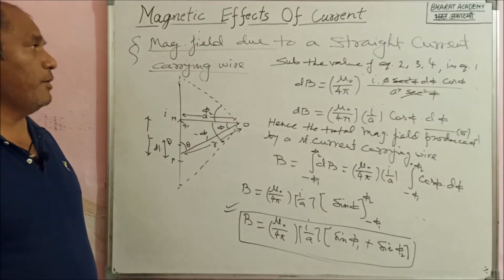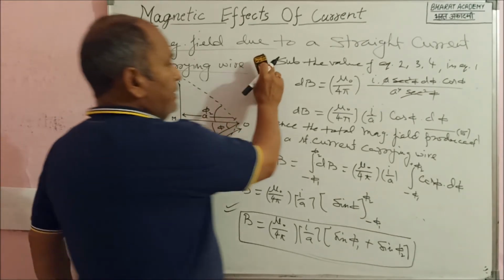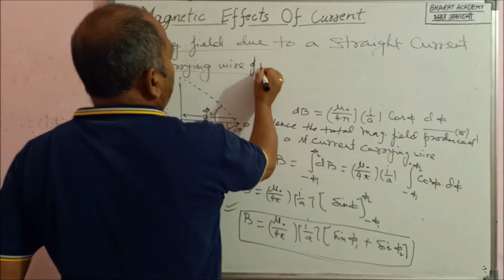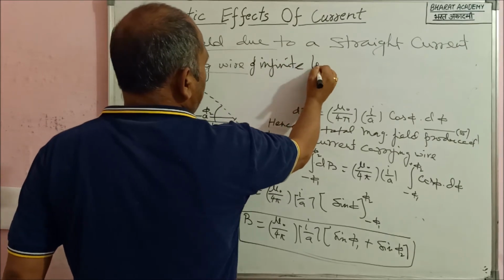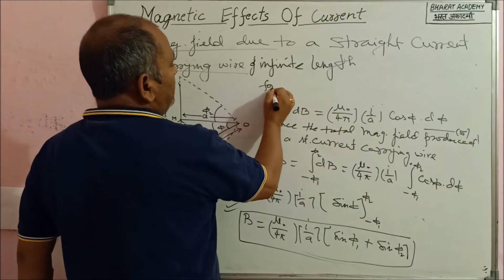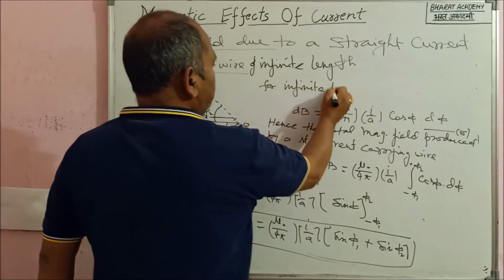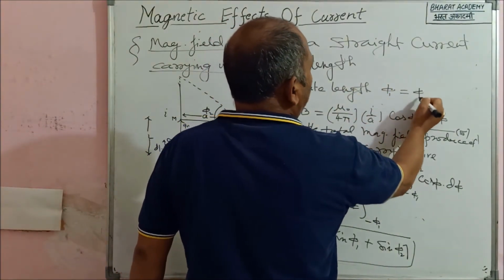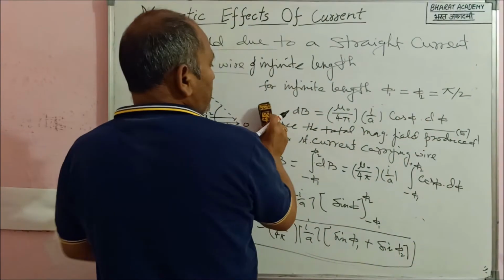This is the original formula actually, right? But our article is on the magnetic field produced due to a straight current carrying wire of infinite length. If you read it, infinite length. So for infinite length, phi 1 equal to phi 2 equal to pi by 2. If length is not defined, it is pi by 2.